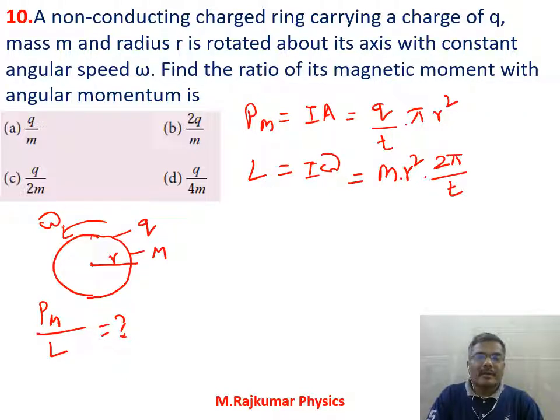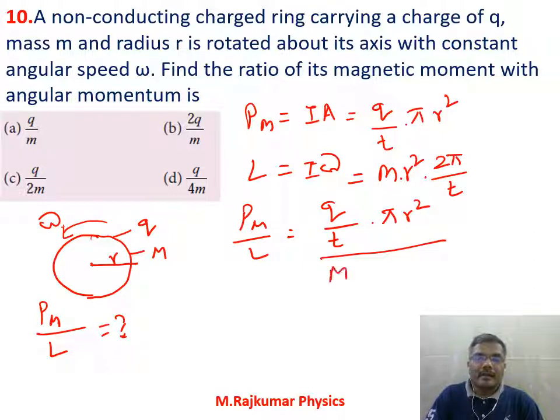Now find this ratio: Pm by L will give you q by t into pi r square, divided by mass into r square, the moment of inertia, divided by 2 pi by t.